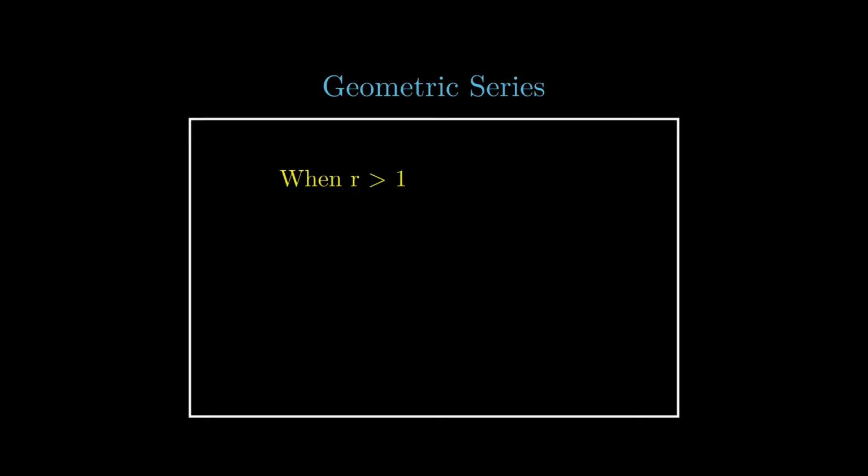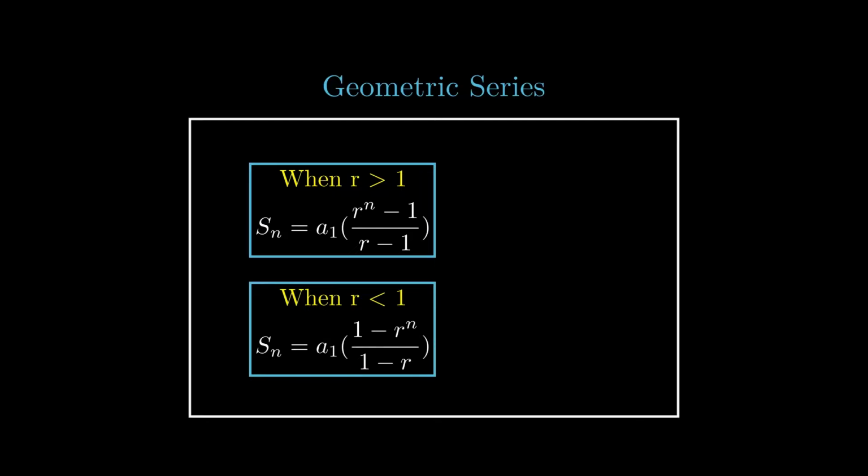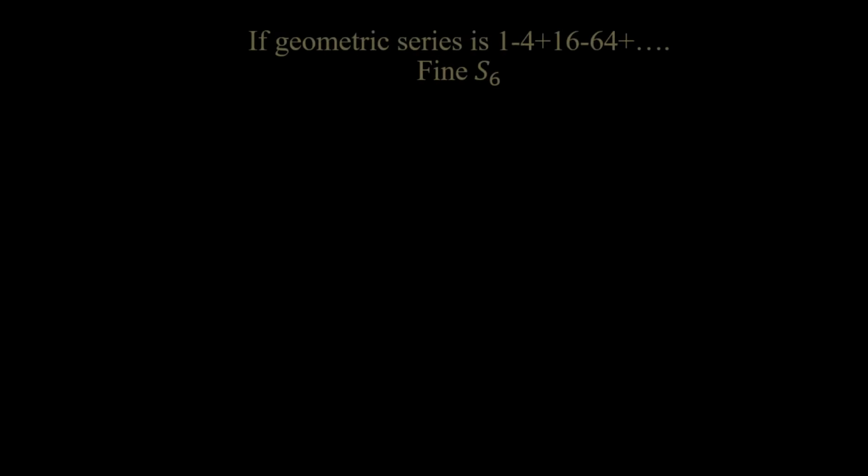Moving on to the geometric series formula. If r, or the common ratio, is greater than 1, you use the formula at the top left of the box. But if r is less than 1, you use the bottom one. And another one is just regular, depending on what case you're solving. If the geometric series is 1 minus 4 plus 16 minus 64, find S of 6.